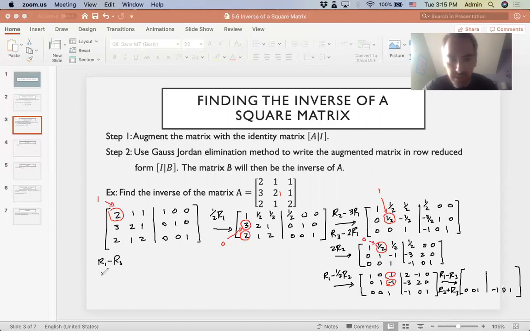So R1 plus a -R3 gives us 1, 0, 0, 3. That should be a +3 there. 3, -1, -1.